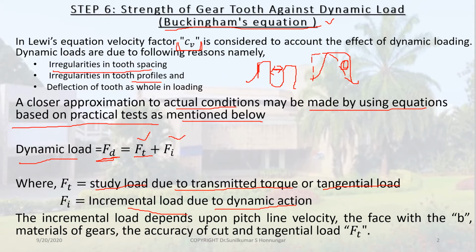The incremental load depends upon the pitch line velocity, the face width B, the material of the gears, the accuracy of cut, and the tangential load FT. There are a lot of parameters governing the incremental load FI, so we need to take all of these into account to find it.